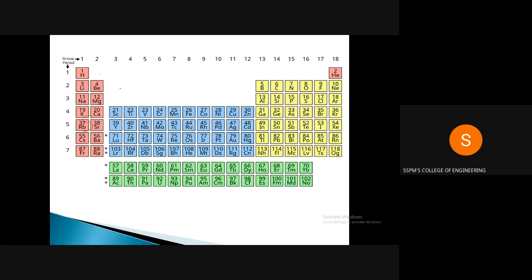First is the S block, then the D block, then the P block. These are the P block elements, and this is the F block. So these are the 4 blocks of the modern periodic table.